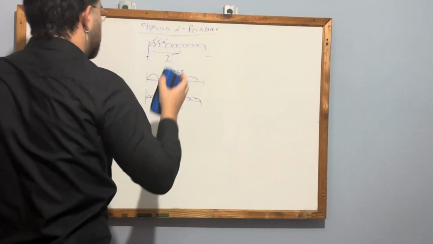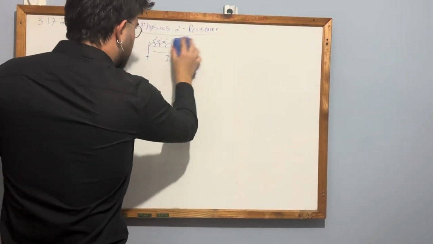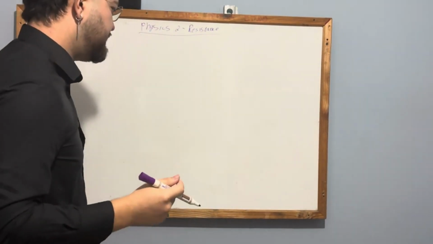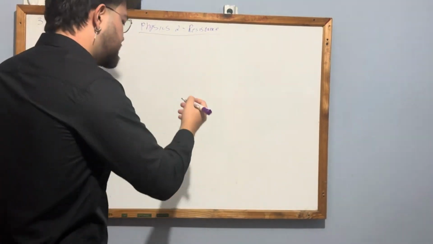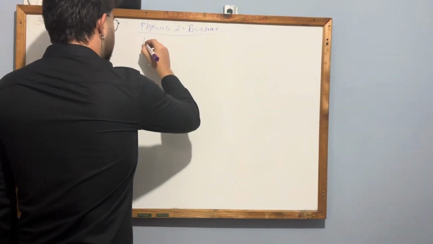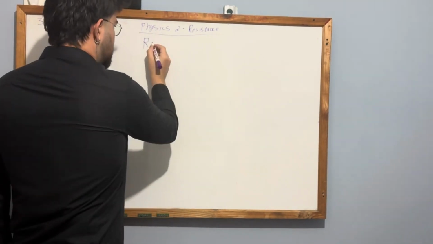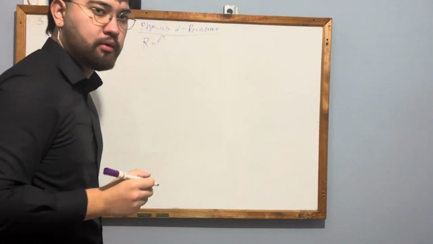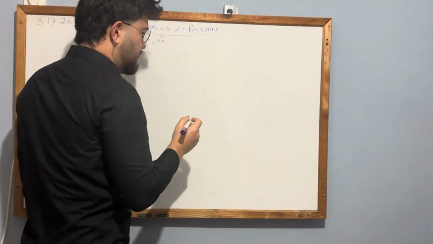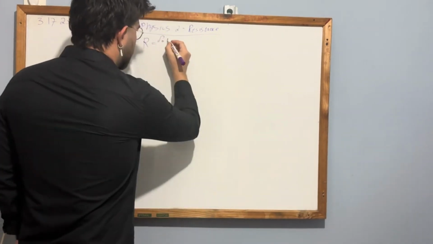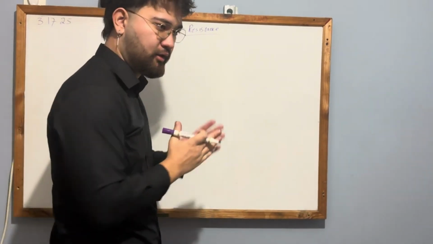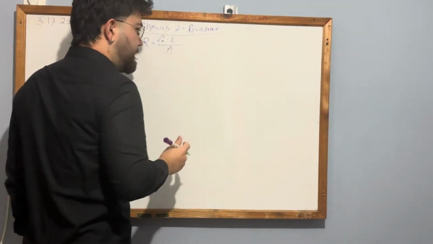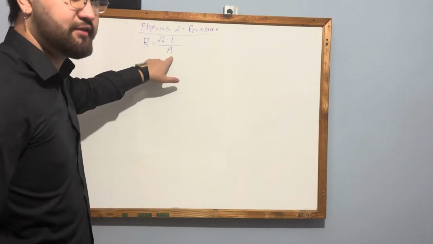Well, pretty sure Michael Faraday or someone of that era figured out a way to compute it. We have R, which is resistance, equal to rho 0 for vacuum times the length of the whole resistor, divided by its surface area.